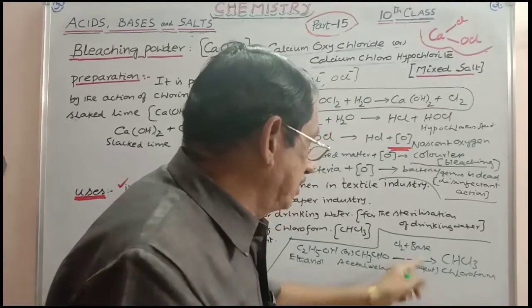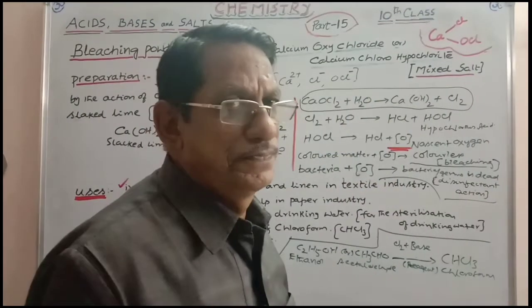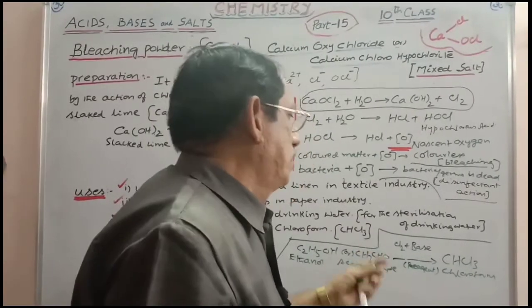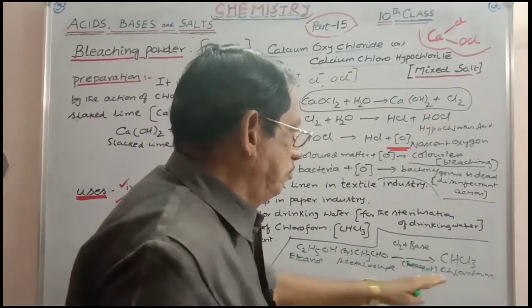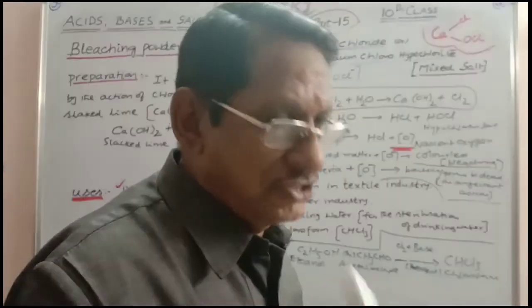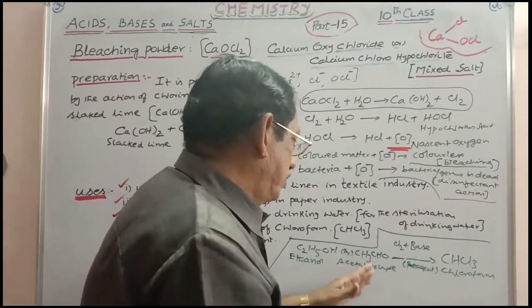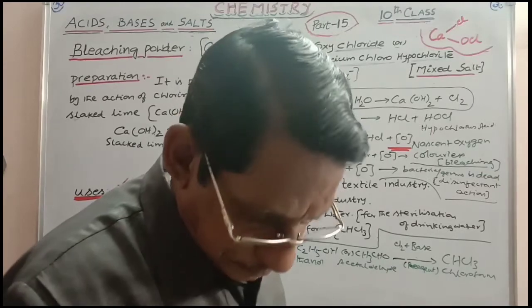Whatever condition is required here as a reagent, that condition is provided in the solution of bleaching powder. And thereby, the ethyl alcohol or acetaldehyde, when treated with the bleaching powder, which is supplying chlorine and base, will immediately be converted into chloroform, an anesthetic. Okay, this is the procedure lying there. Of course, you have to write the stepwise process in these cases that you will learn in the +2 level education.